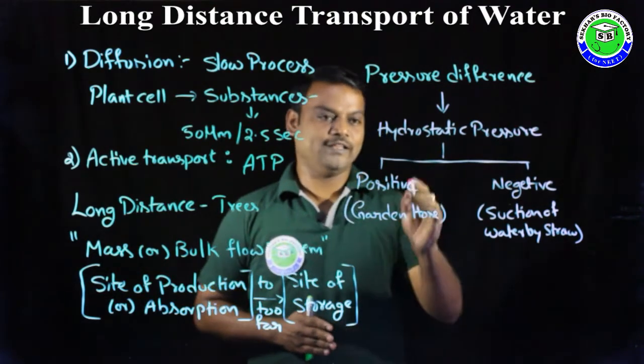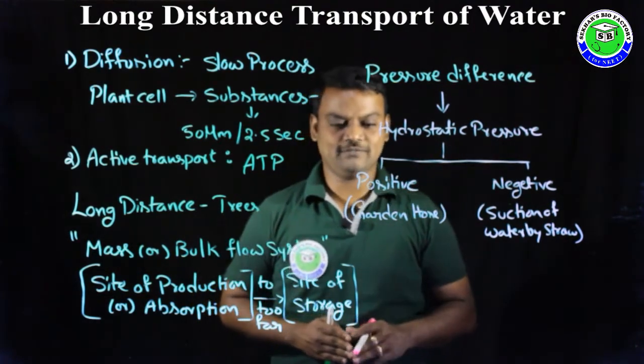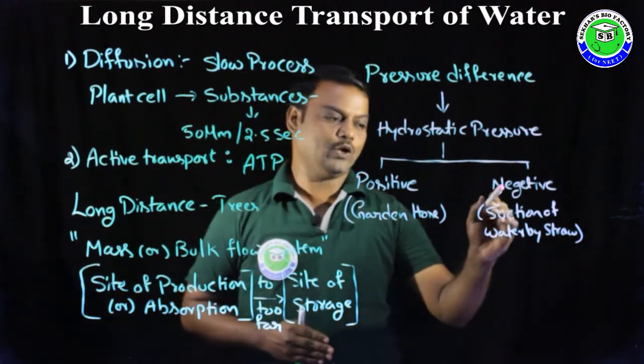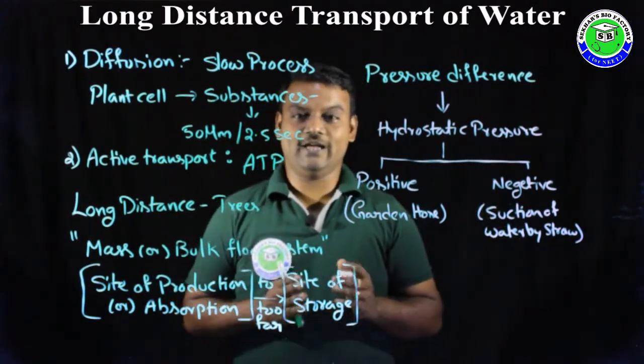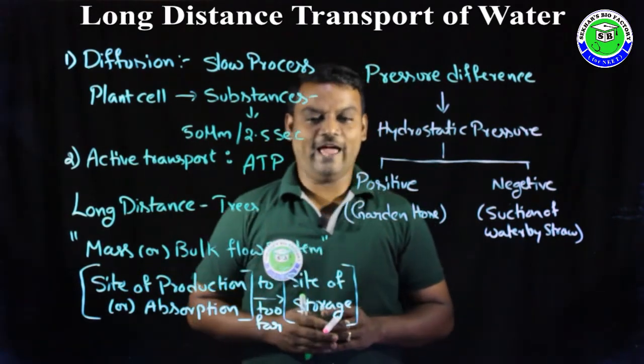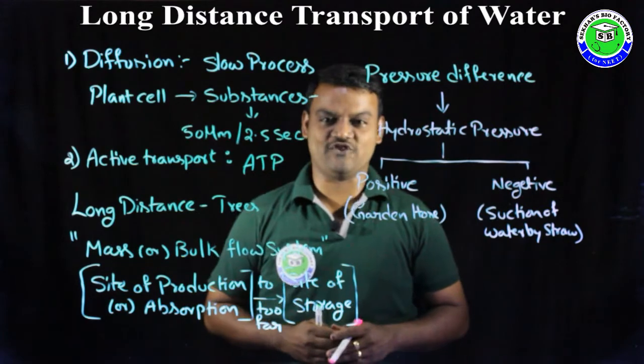In this way, there are two types of hydrostatic pressure: positive hydrostatic pressure, example garden hose, and negative hydrostatic pressure, which is suction of water through a straw. So both these pressures are helpful for long distance transportation.